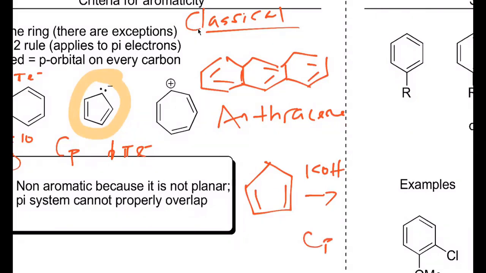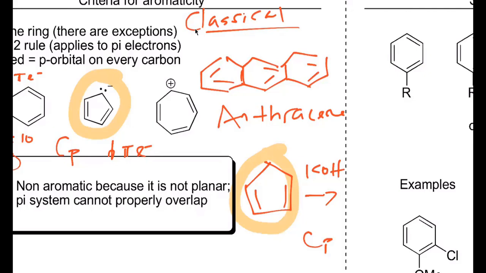So is this compound aromatic? What do you think? No, it's not, right? It's monocyclic, but it won't meet the 4n plus 2 rule, because 4n plus 2 would equal 4. And what else is missing? Is it fully conjugated?